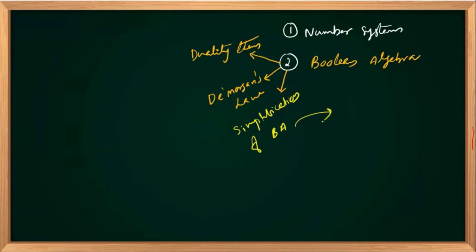So under Boolean algebra simplification, we will be discussing the consensus theorem, right? So basically Boolean algebra consists of three theorems: duality theorem or duality principle, De Morgan's law, and consensus theorem, right?